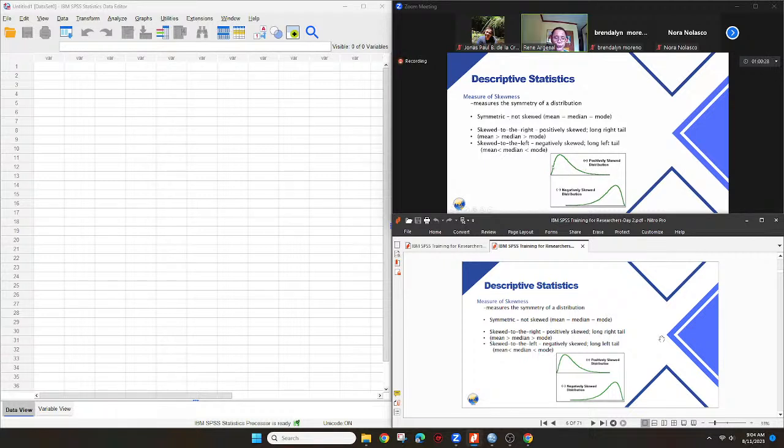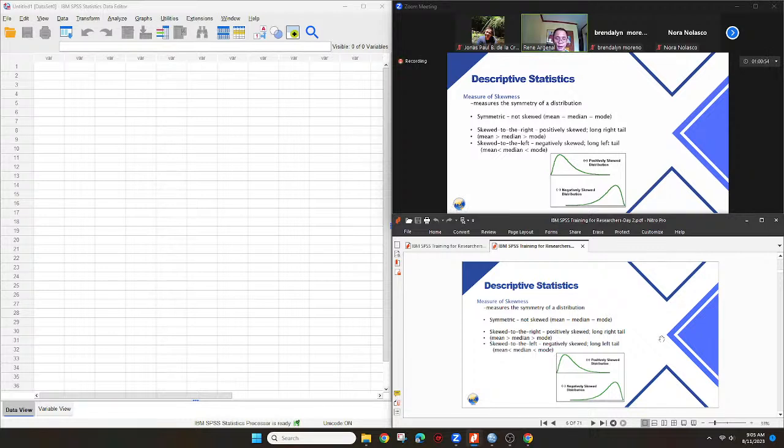And then I will draw the position of the mean, the mode. The mode actually is the one at peak, so this is the mode. The median is always at the middle, and then you have the mean. So the mean is here, meaning the value of the mean is to the right of the distribution.